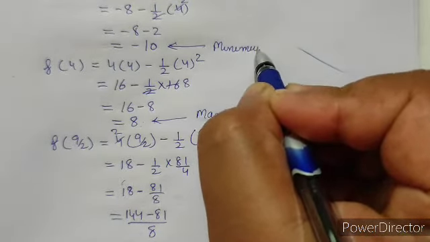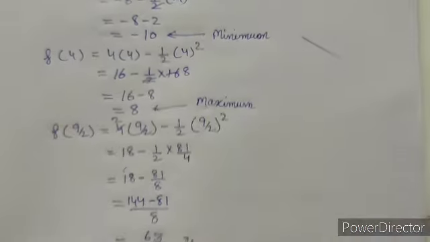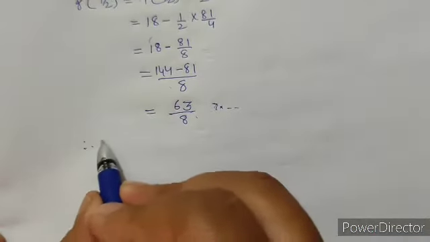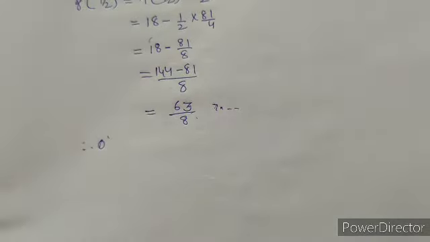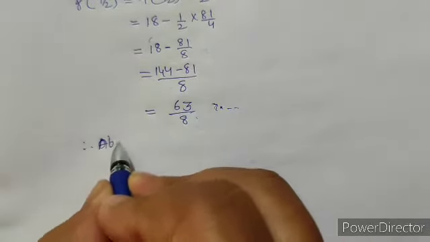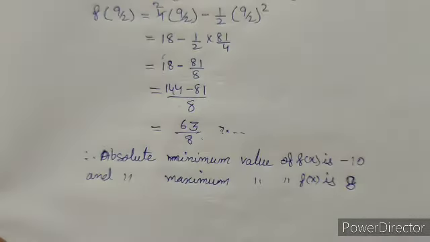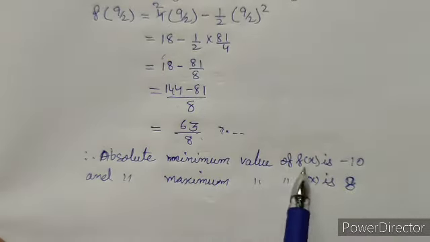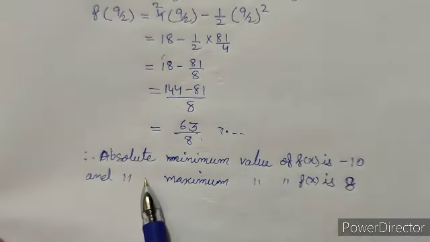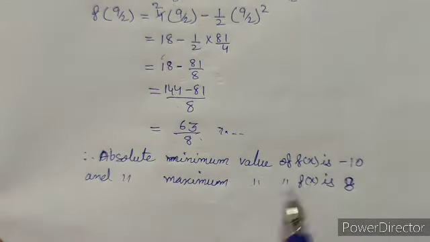So we can say that the absolute minimum value of f(x) is minus 10 and the absolute maximum value of f(x) is 8.